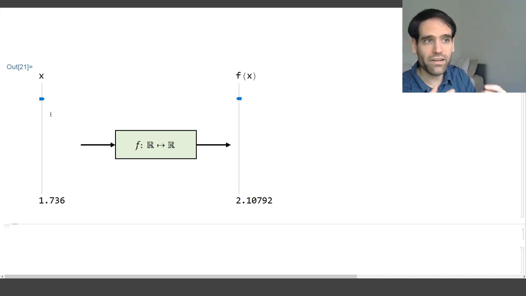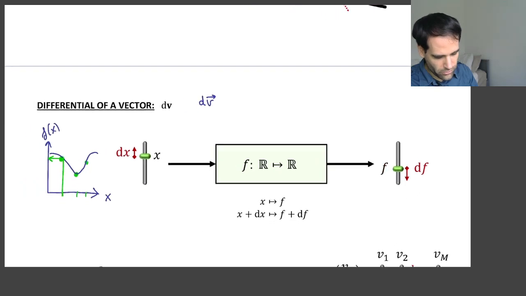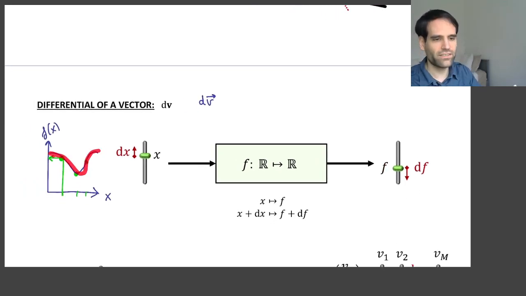It can be a big number when the change of f of x is big. It can be negative if the change of f of x is opposite to the change of x. And this is all intuitive by thinking about these sliders. And of course it matches with what you knew about the derivative being the slope of the function f of x: how much is f of x changing when you change x, okay?